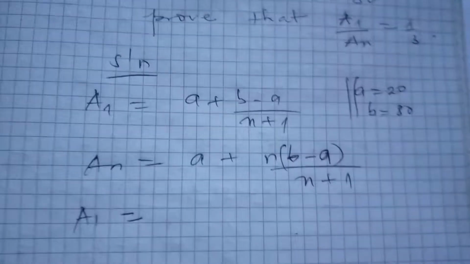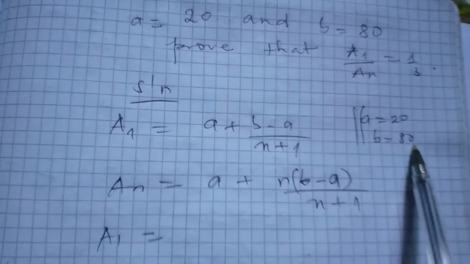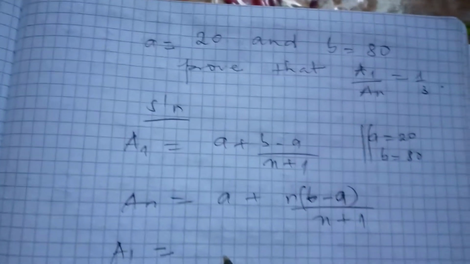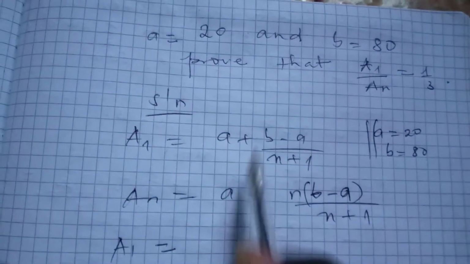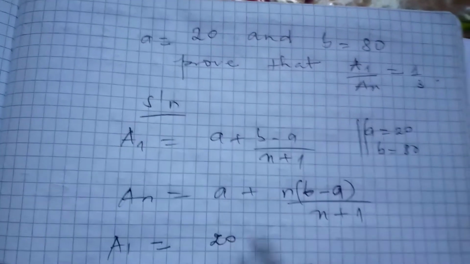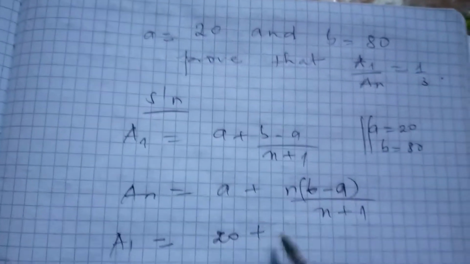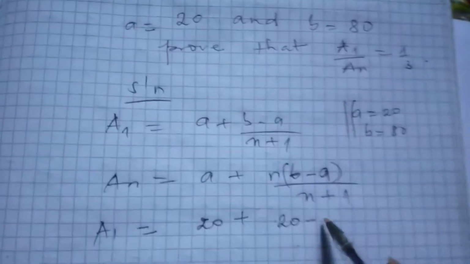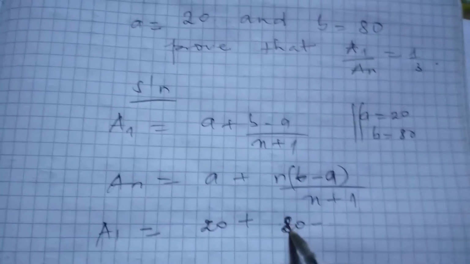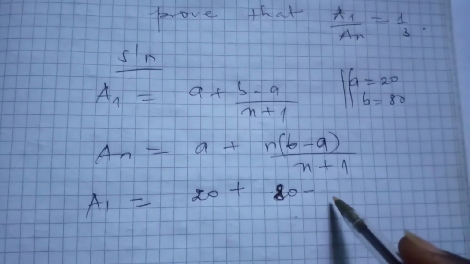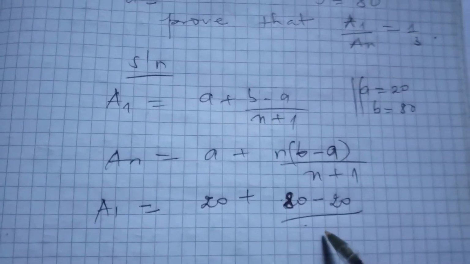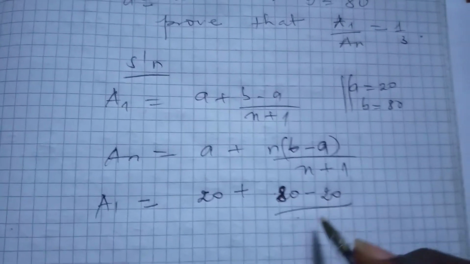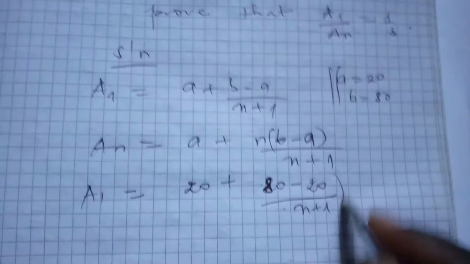Then here, if A equals 20 and B equals 80, simply means that 20 plus (80 minus 20) over (N plus 1).